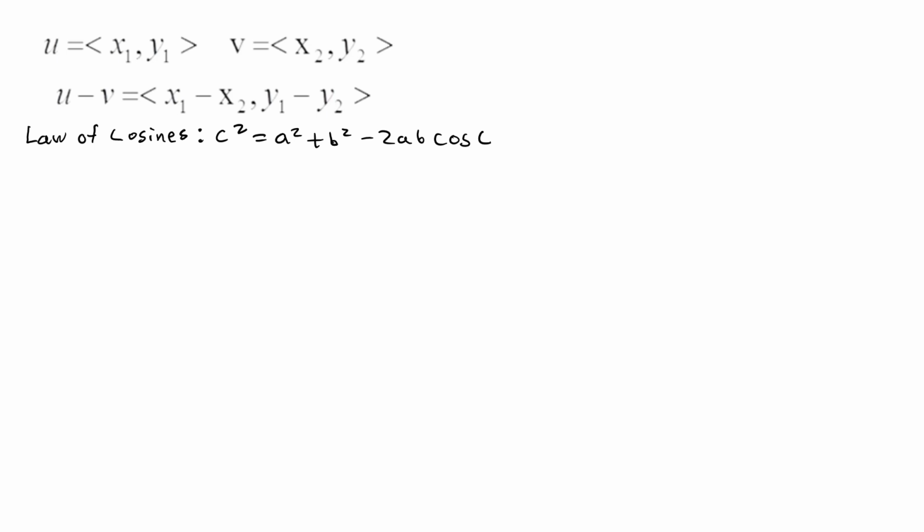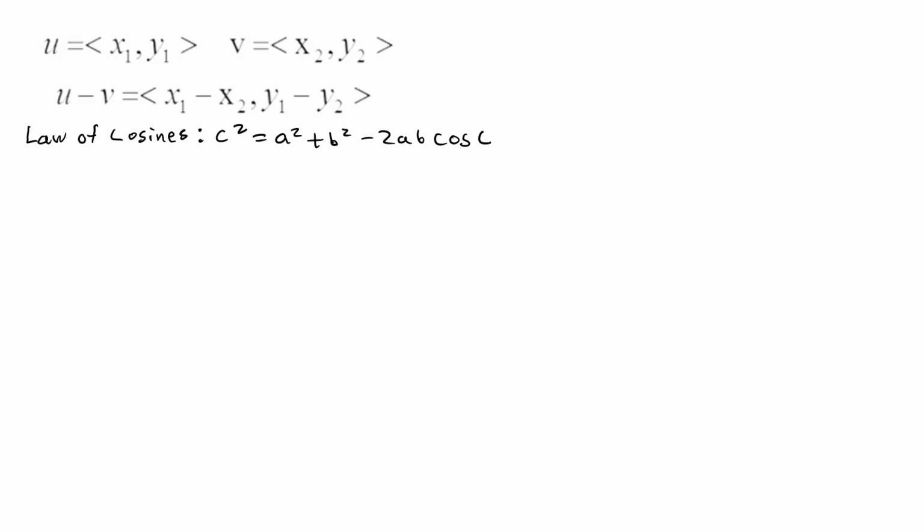If we're given components of a vector, we can find the magnitude. If we're given components of vectors u and v, we can find the magnitudes of vectors u and v. If we have the magnitudes, we can represent them as sides of a triangle, and if we're given three sides of a triangle and we're trying to find the angle, that is law of cosines.